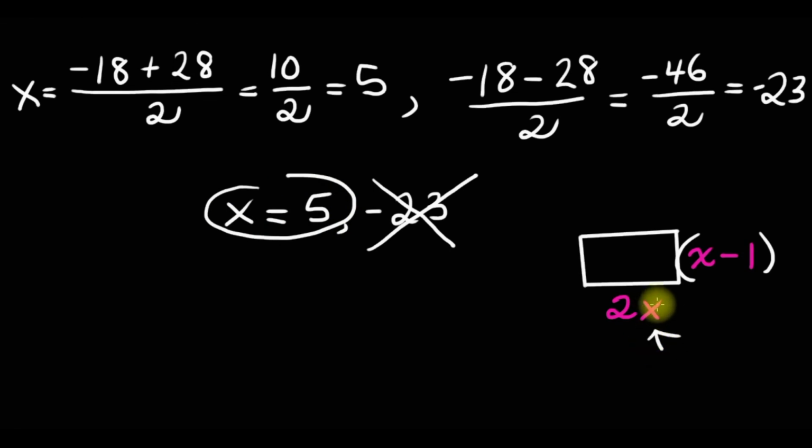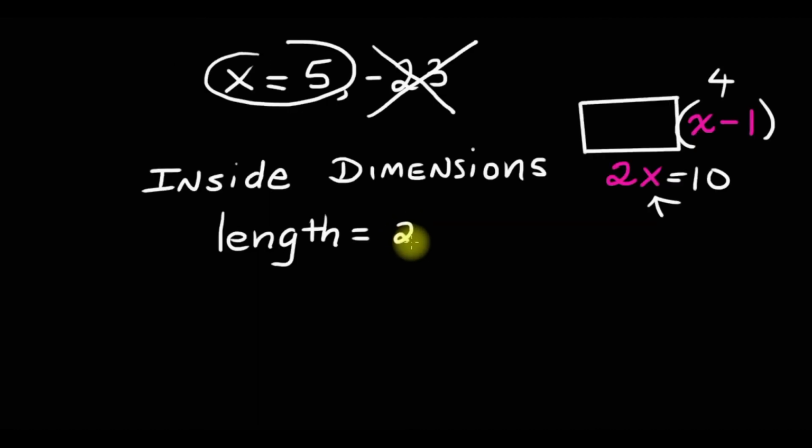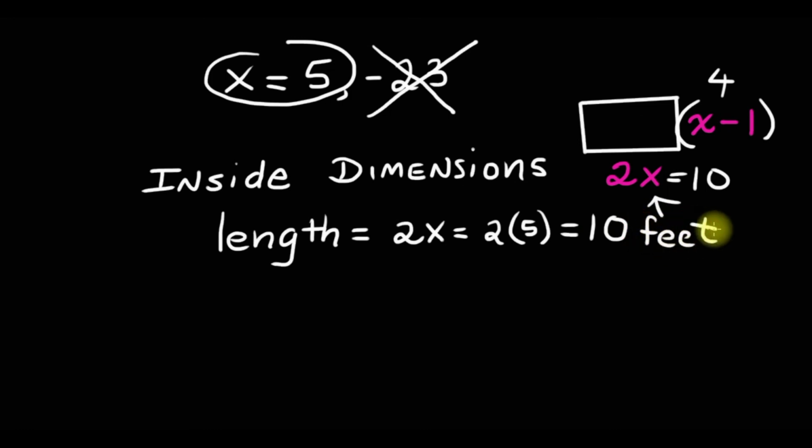Okay, so we plug 5 in there. This becomes 10, because 2 times 5 is 10. And if we plug 5 in here, 5 take away 1 is 4. Well, the length is 2x, right? So 2 times 5 gives you 10. So length is 10, so it's going to be 10 feet. That's how long it is.